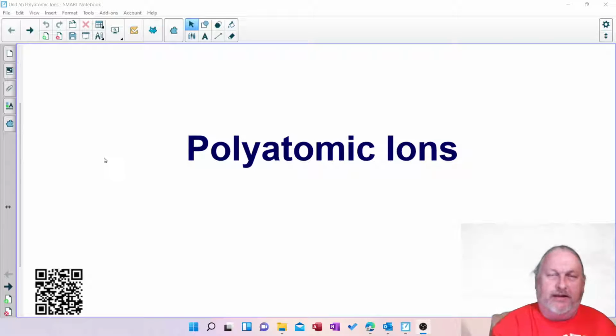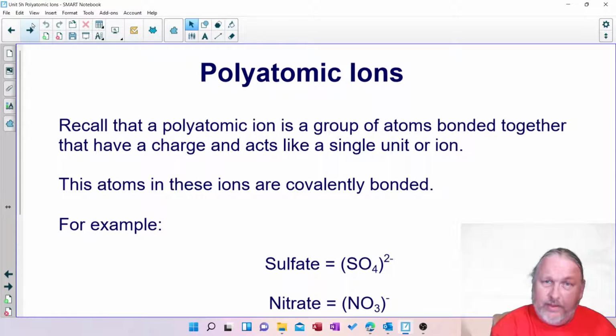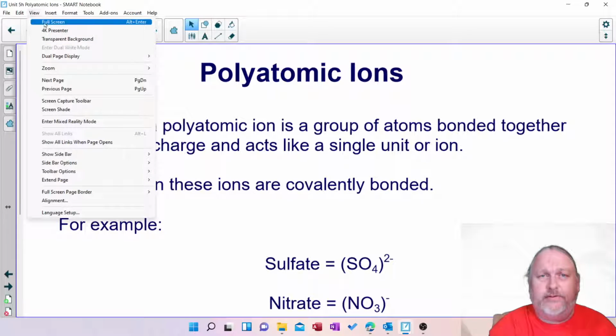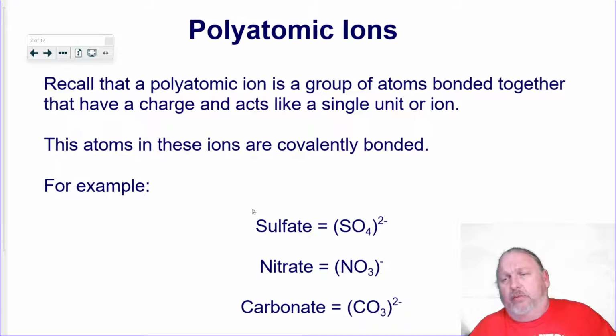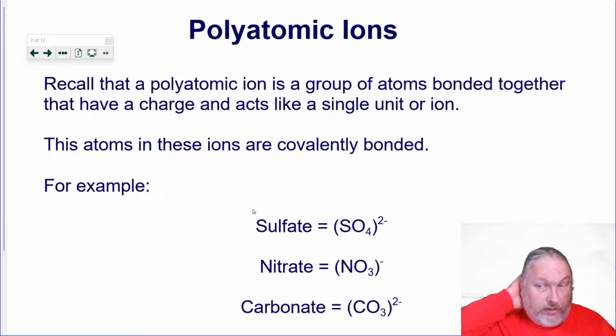This is Coach Scott. Let's go over polyatomic ions real quick. Let's go full screen so we can see this. When we were talking about ionic compounds, we introduced the concept of what a polyatomic ion was.